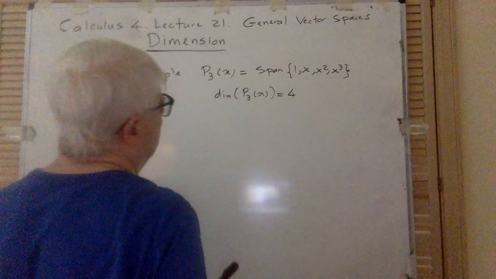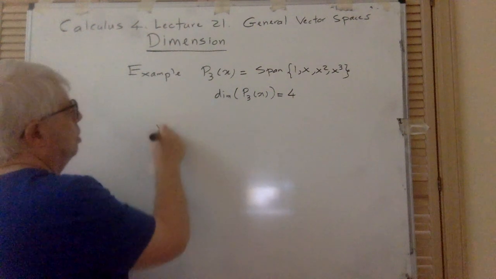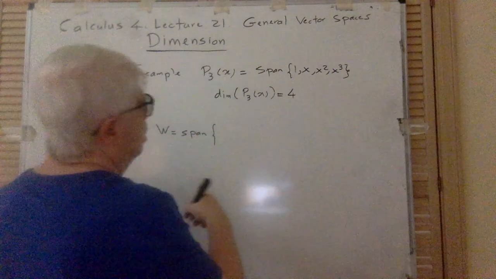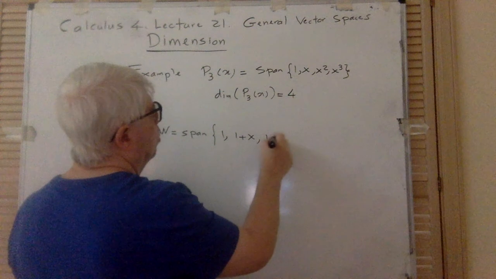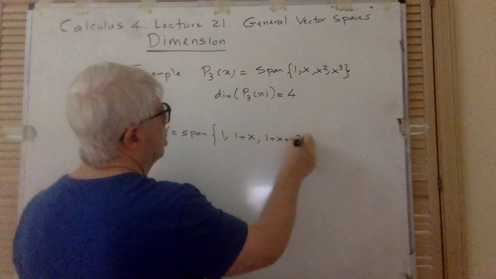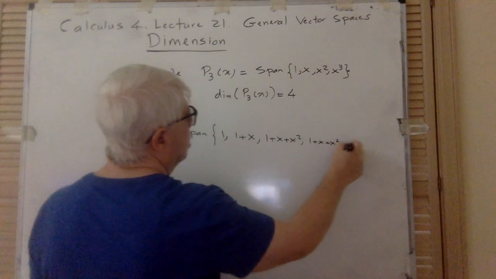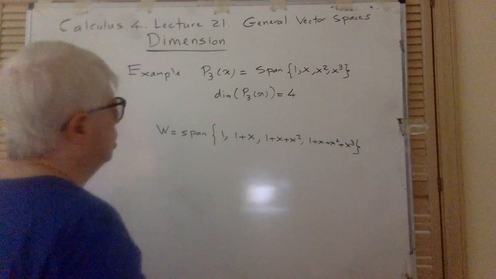Now let's say W is the span of 1 plus x, 1 plus x plus x squared, and 1 plus x squared plus x cubed. Okay. So what is the dimension of W?